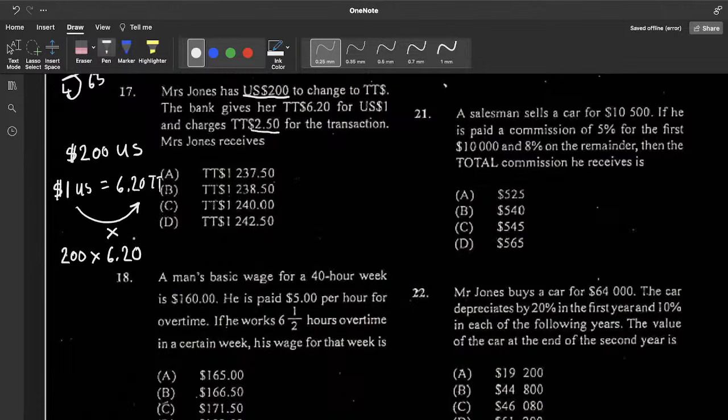Now the thing is, if we're doing a multiple choice exam, we don't necessarily want to be trying to work this out per se. So we could use a little trick. So it's easier for us to use like $100, figure out how much $100 is.